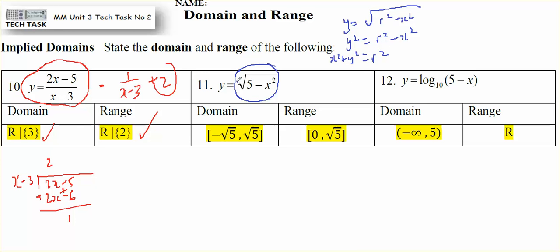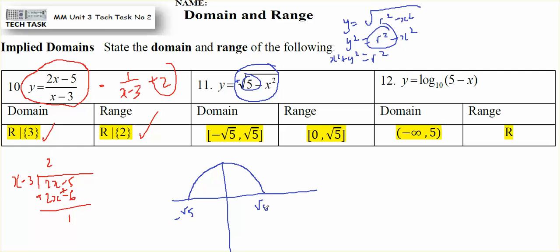However, I've only got the positive square root, and my r squared would be 5, so my radius is root 5. I have the positive square root, so I'm going to go from negative root 5 up to root 5, so negative root 5 to root 5 inclusive, because my circle can be there, and the range goes from 0 to root 5.